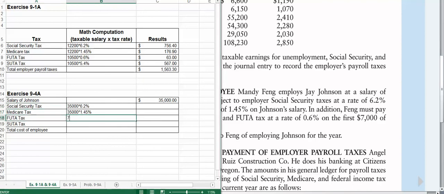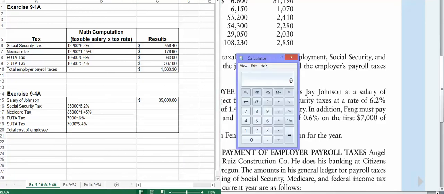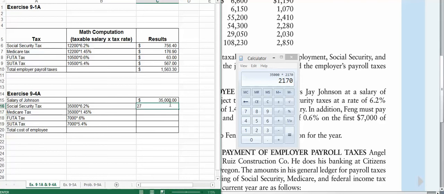So we're going to take the 7,000 times the 0.6%, 7,000 times 5.4%, and then you're going to do the calculations. And then at the end, you're going to total the taxes for me. And you're going to include in that total his salary.